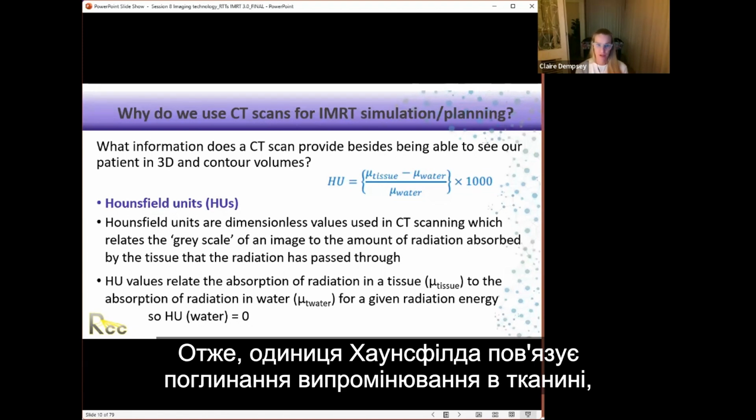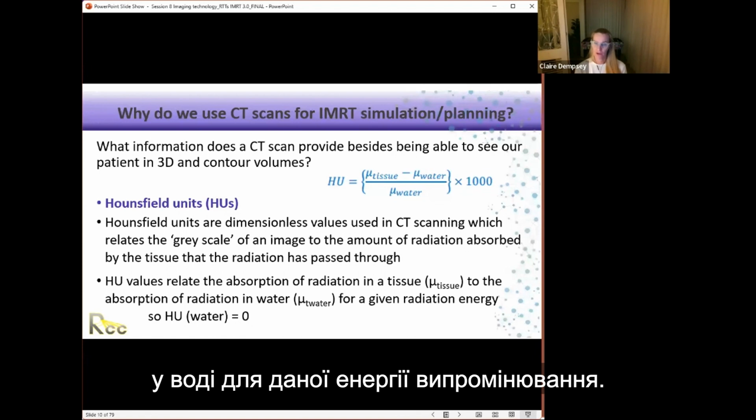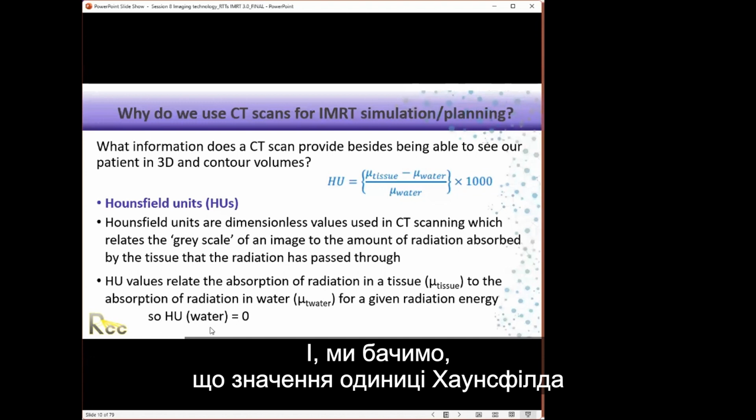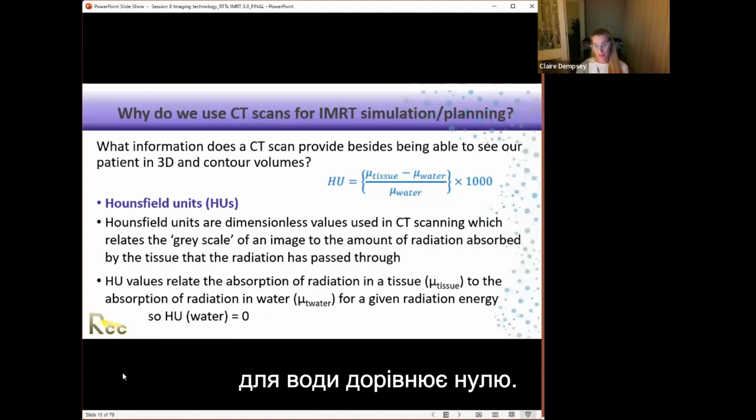So a Hounsfield unit relates the absorption of radiation in a tissue, so the various different tissues within the body, to the absorption of radiation within water for a given radiation energy. So basically what we see is that the Hounsfield unit value for water is equal to 0.